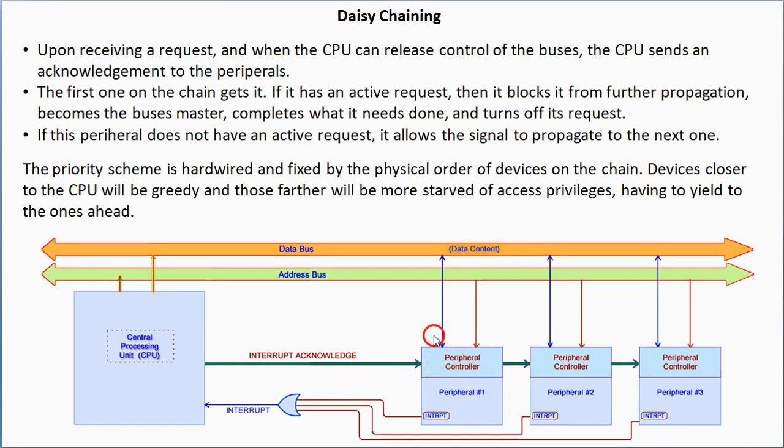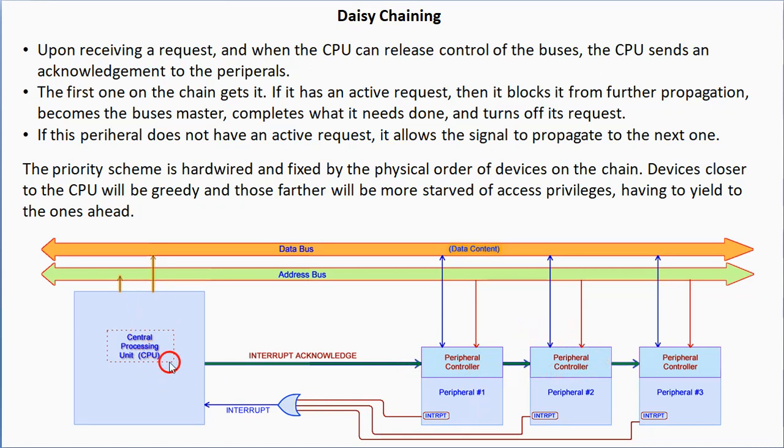If it has an active request, then it blocks it from further propagation, and then it becomes the bus master, completes what it needs done, and turns off its request. If this peripheral does not have an active request, then it simply allows the signal to propagate to the next one.